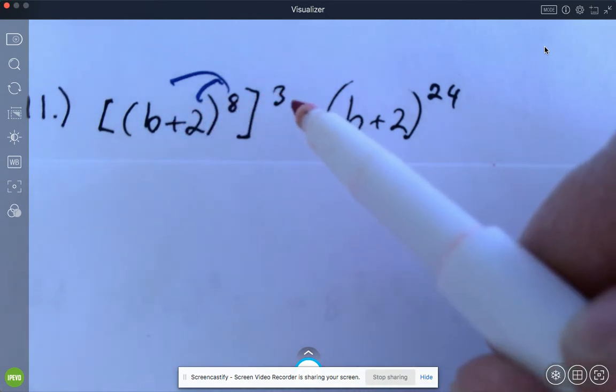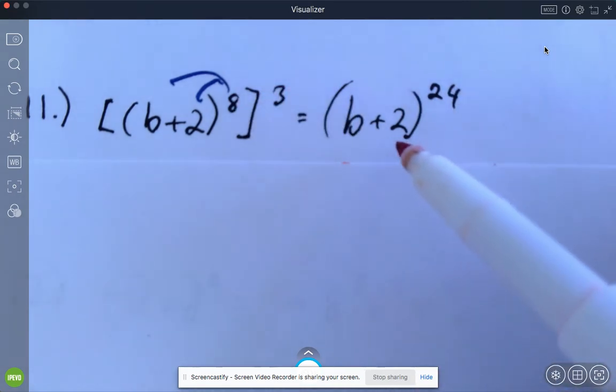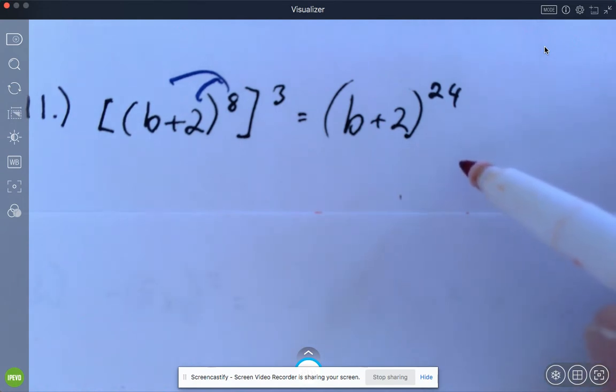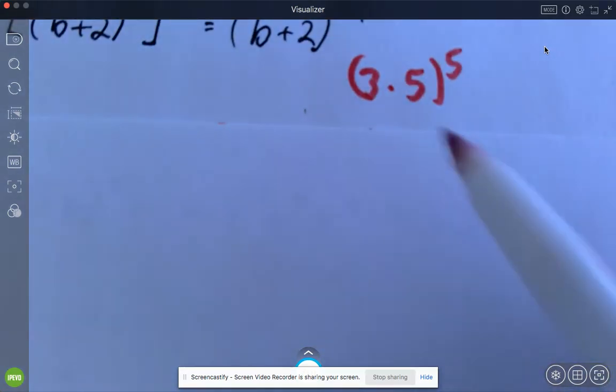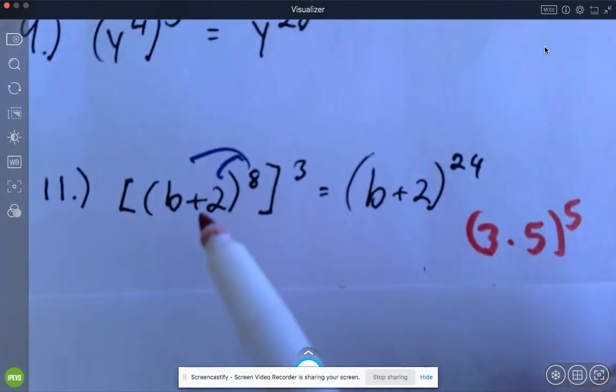So here I really just did 3 times 8 and got 24 and left it here like that, just b plus 2. There's one on the test that looks something like this, like 3 times 5 raised to the 5th. So that, see how that has multiplication on the inside? And this one has addition on the inside.